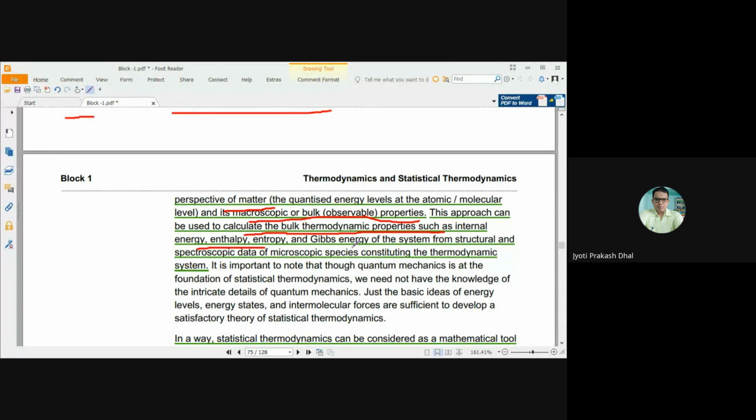So what you have studied previously, like internal energy, enthalpy, entropy, Gibbs energy, are all macroscopic properties, because they deal with bulk of the matter. And statistical thermodynamics is used to calculate the bulk thermodynamic properties using spectroscopic data. Spectroscopic data is obtained from the atomic or molecular level.